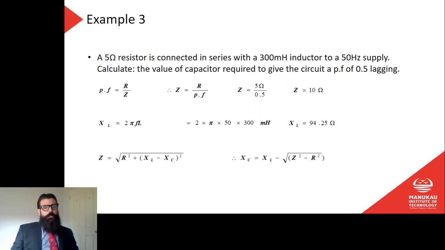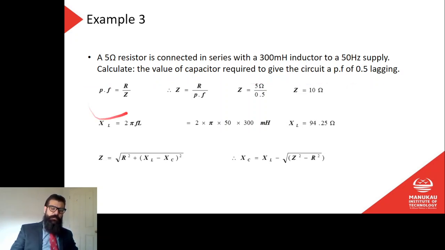Well, power factor would be... Actually, I'm just looking at the working out there. I think we might be doing this a different way. But power factor would be the ratio again of true power to apparent power, or resistance to impedance. So if I worked out what the impedance was, then I should be able to work out what my power factor is.